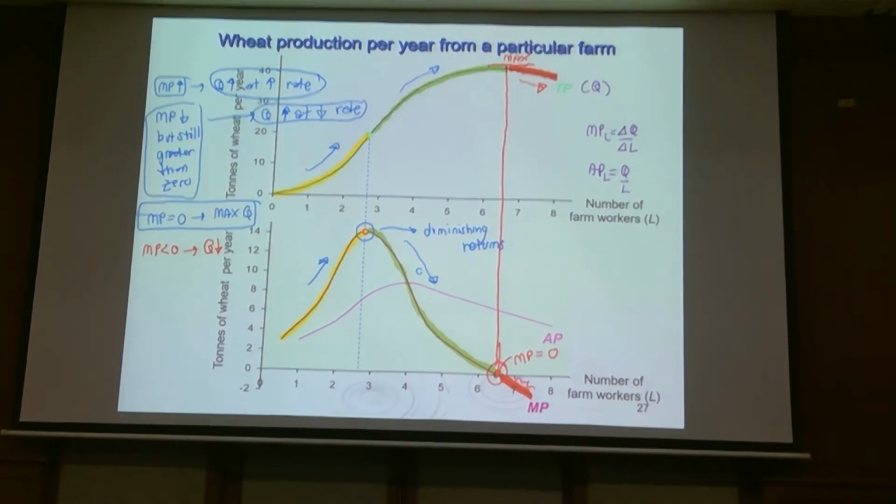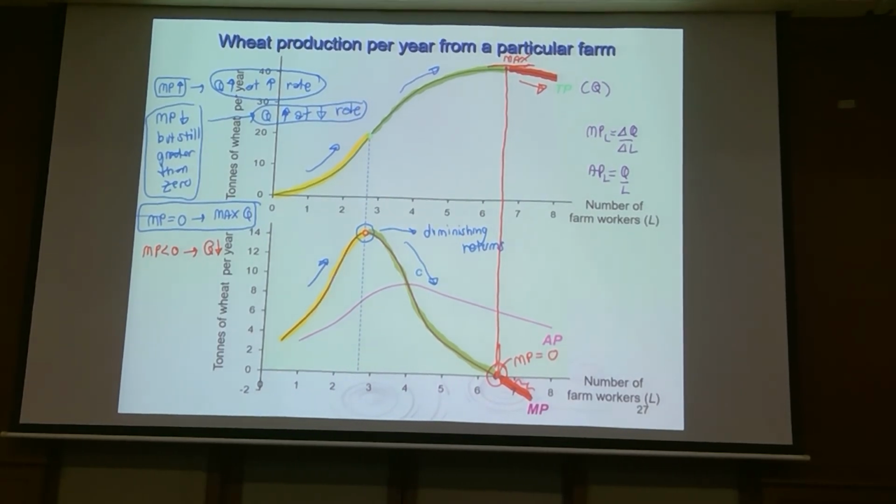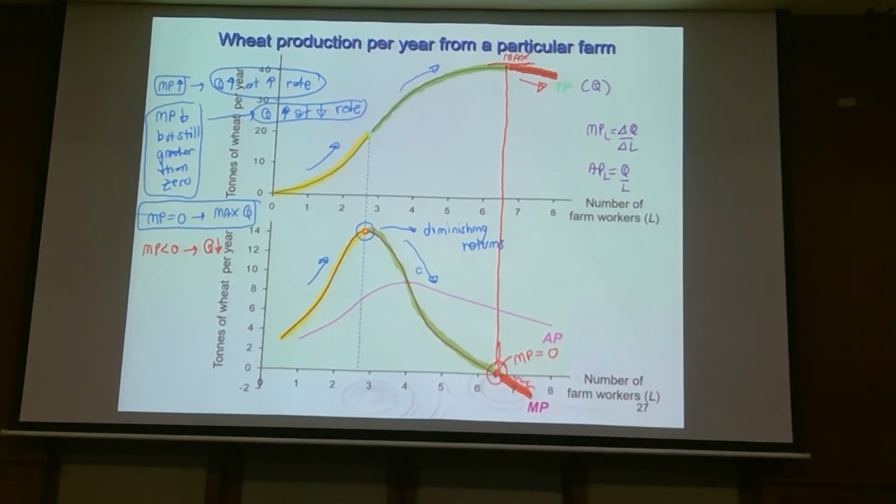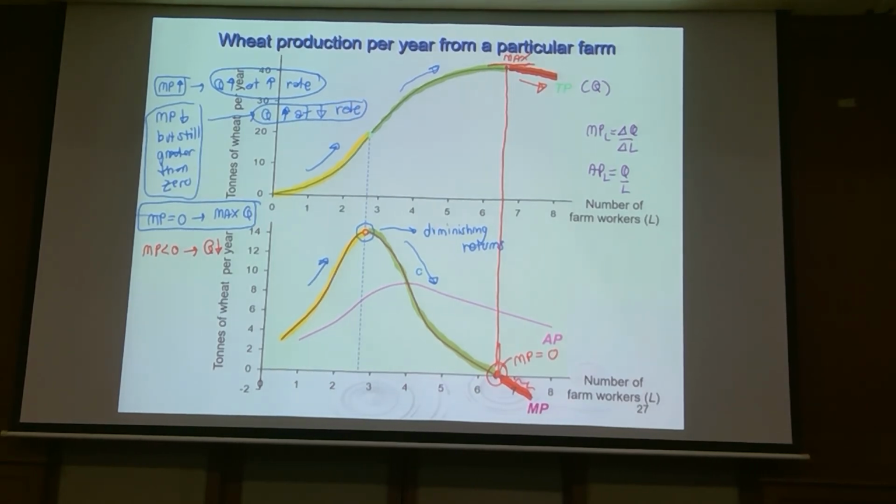You're not going to employ labor exceeding the point where marginal product is zero. In other words, you're not going to employ labor more than that, because if you start employing labor that gives you negative marginal product, instead of getting more output, you're going to get lower output. So that tells you what is the last unit of labor that you're going to employ. Okay? So that's the relationship between marginal product and the total product or output curve. That's why we say marginal product is actually the slope of the total product or output curve there.